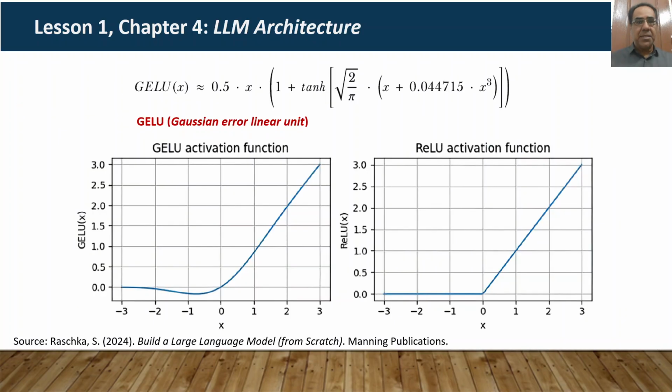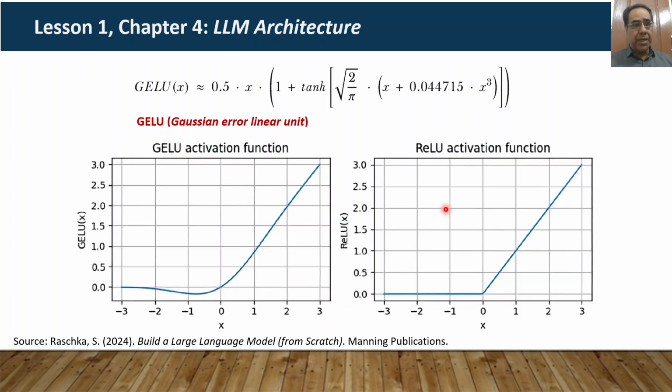Now let's consider explaining the GLU activation function that's used in the feed-forward neural network. As we can see here in these plots, GLU is very similar to ReLU, a famous activation function in neural networks.